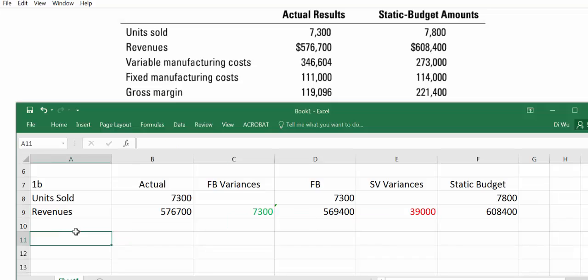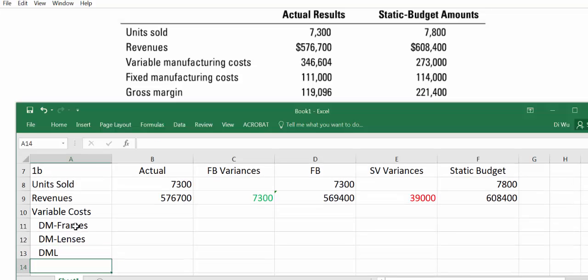Next I'm going to talk about the variable cost. For the variable cost, I'm going to have DM frames and DM lenses, and I will have direct manufacturing labor.